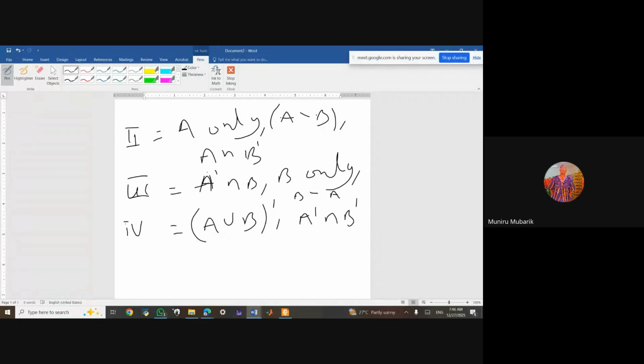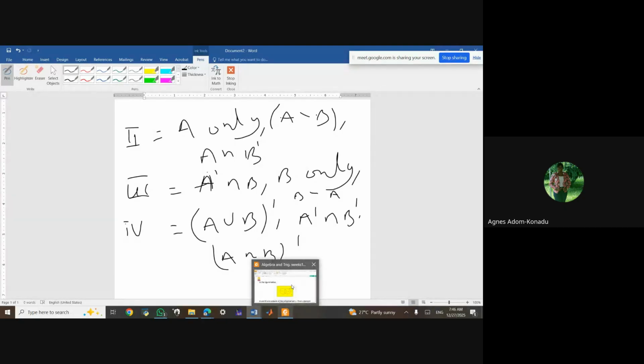A intersection B all complement. A intersection B all complements. Okay. That's good.